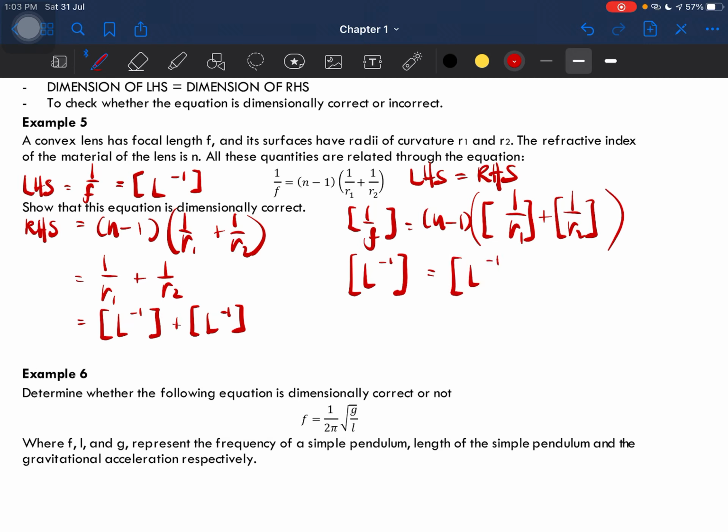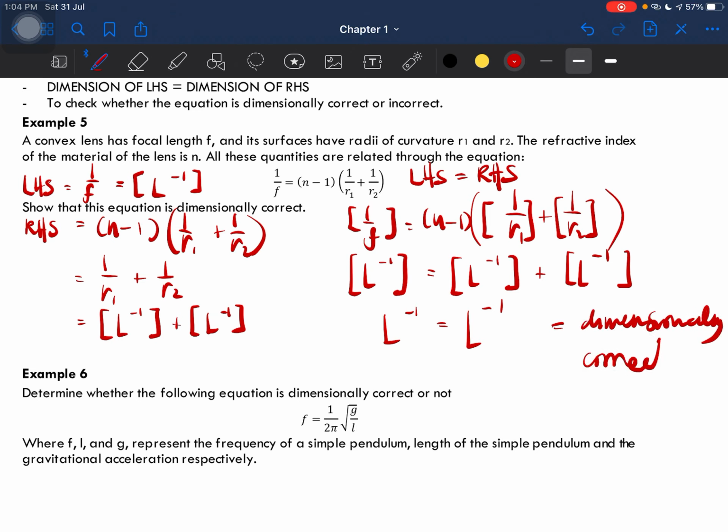So we get L negative 1 plus L negative 1. Okay? So we know that this one is equal to L negative 1. Based on this, we can then see that the equation is dimensionally correct. Okay? So why didn't Miss get 2L negative 1?